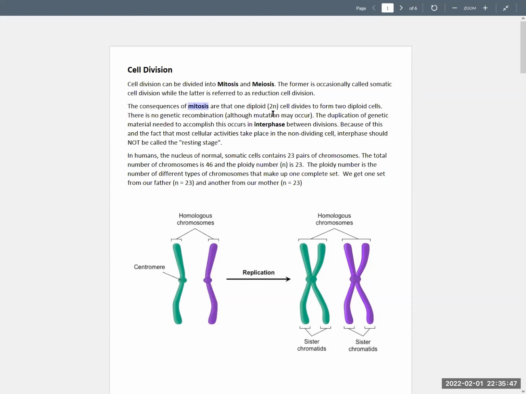A mutation could always occur, but we'll put that aside. Since there's no genetic recombination, the 2 cells formed by mitosis will be identical genetically. Okay.